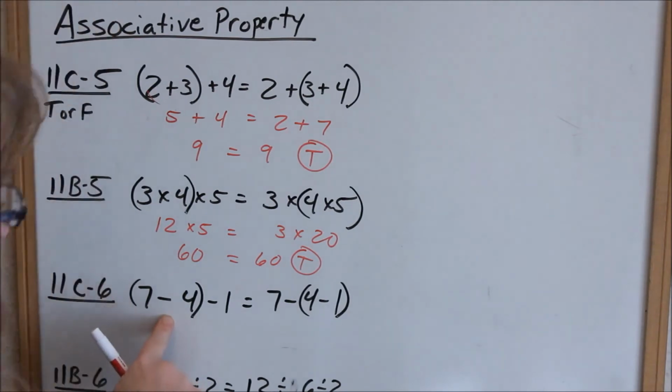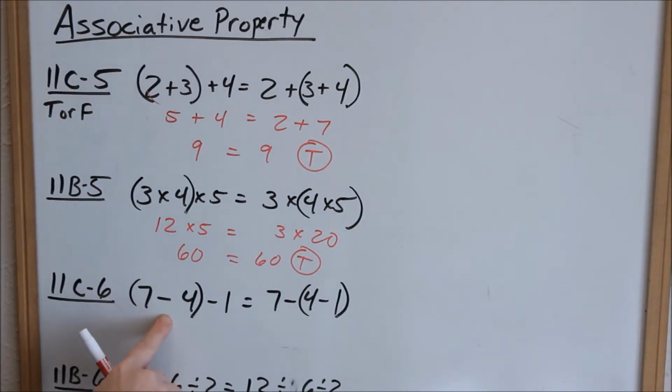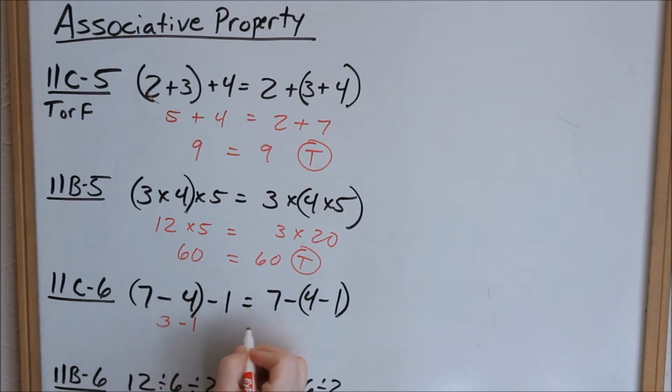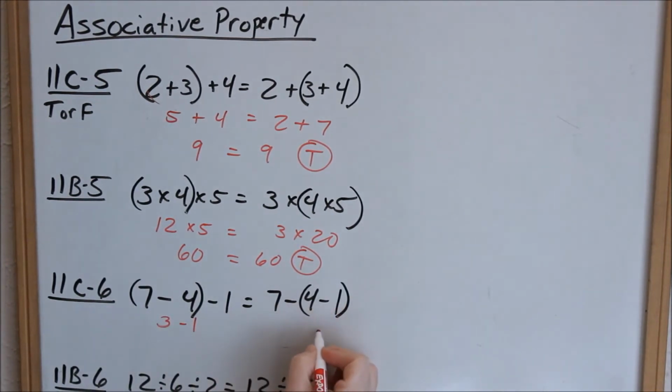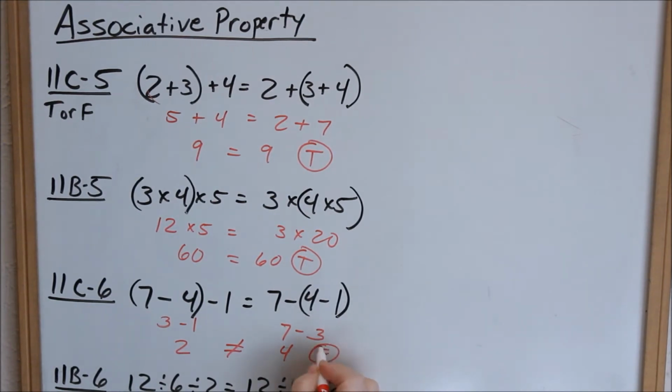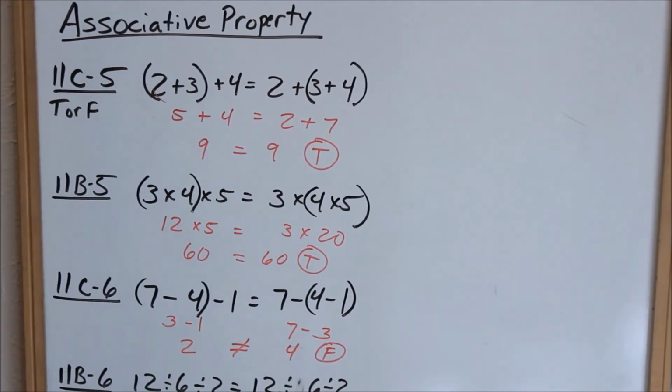You cannot do associative for subtraction or division. So 7 minus 4, 3, and then minus 1. 4 minus 1, 3, and then 7 minus that. 3 minus 1, 2. 7 minus 3, 4. Those things are not equal, so it is false. It will always be false for subtraction.